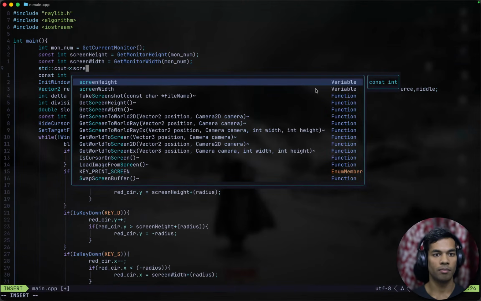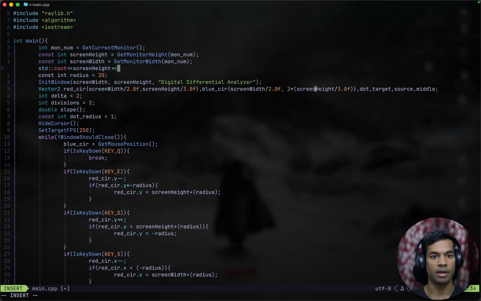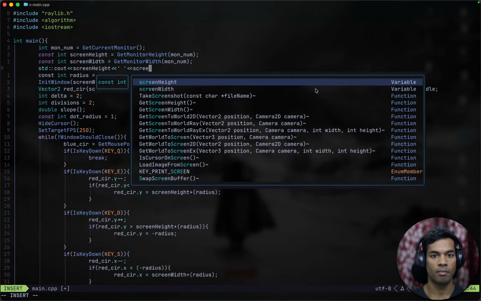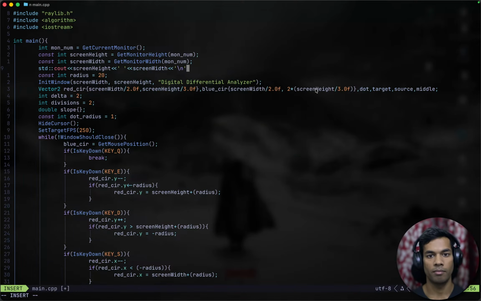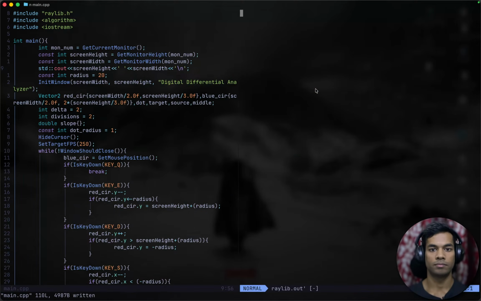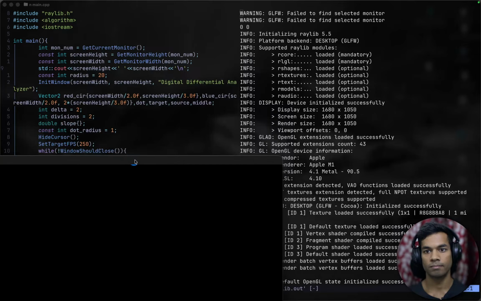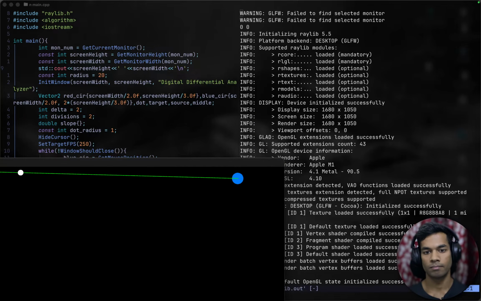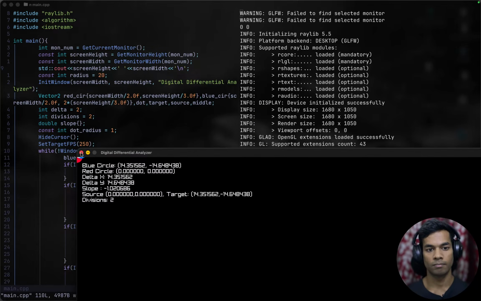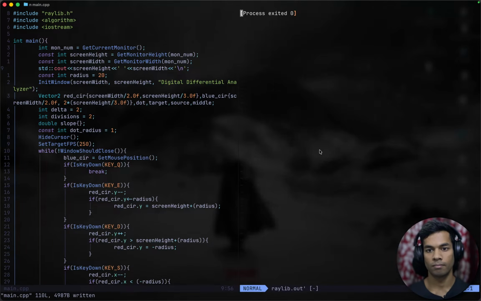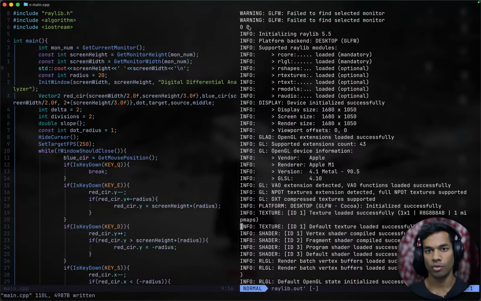See how screen height, screen width, 0, 0.